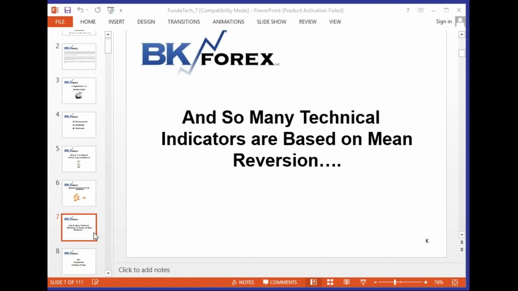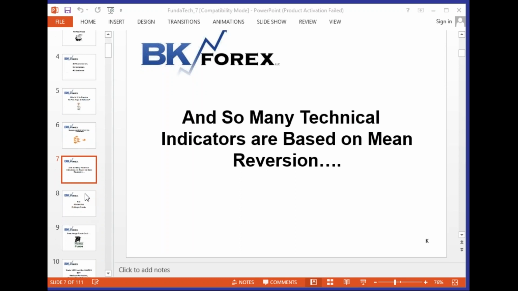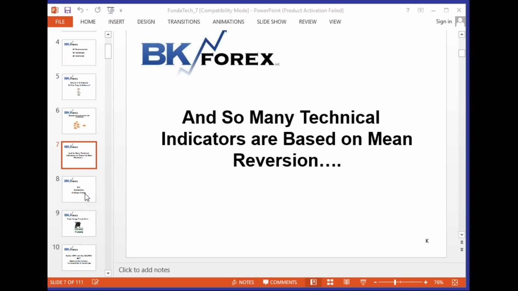That basically means returning back to the average, which is another way of looking at picking tops and bottoms, because if it's getting really overstretched, your whole belief is that it's going to get back to average. It's going to come back to the norm.